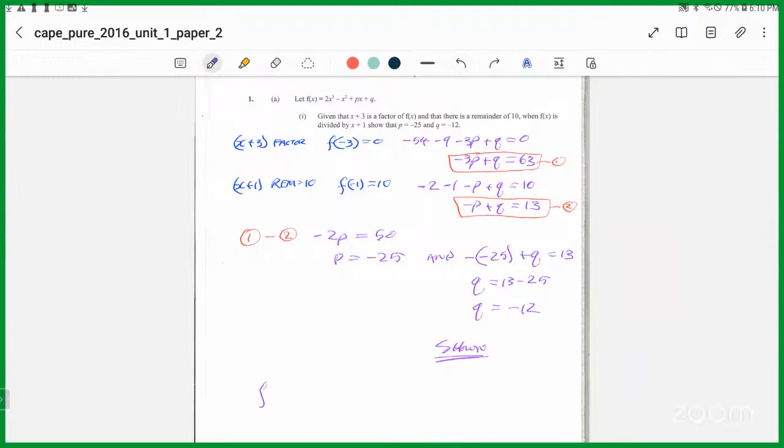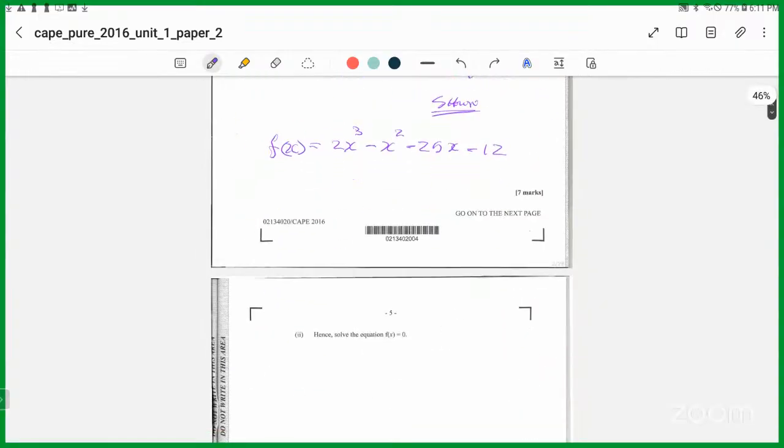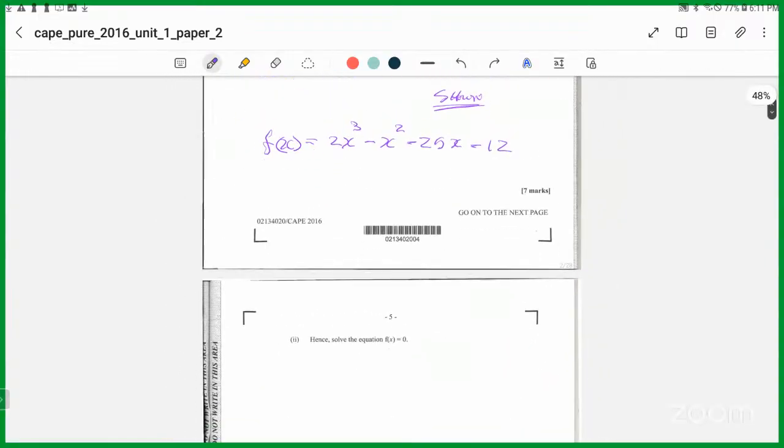So f of x, now that we know it, is 2x cubed minus x squared. p is 25, so minus 25x, and q is negative 12. Remember that x plus 3 is a factor, so we can reduce this by dividing by that factor. Let me copy this down somewhere.